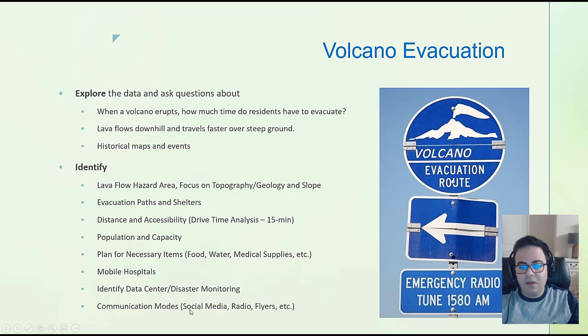So we have to think about other ways of communication. Radio, flyers. Flyers could be used for some of the information about the shelters or the evacuation path, not necessarily for some of the actions, because those might be more time sensitive. But all of these communication modes should also be thought of.